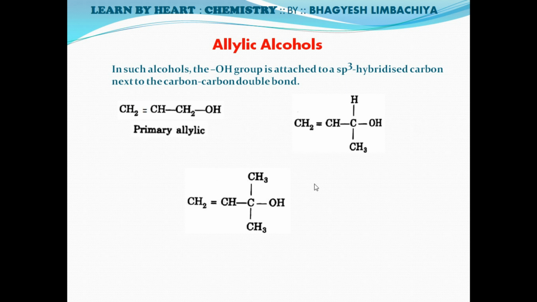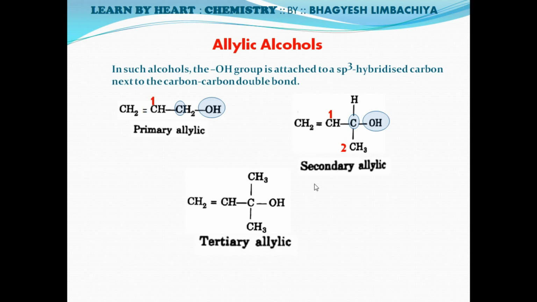Primary allylic means the OH-containing carbon is attached with only one carbon atom, and that is a carbon-carbon double bond system. Another is known as secondary allylic. See why. Again here the OH-containing carbon is attached with two carbon atoms, and amongst these two carbon atoms one has a carbon-carbon double bond system.